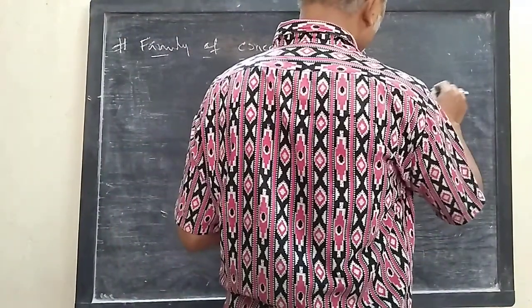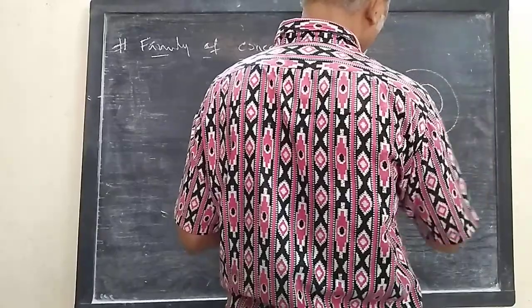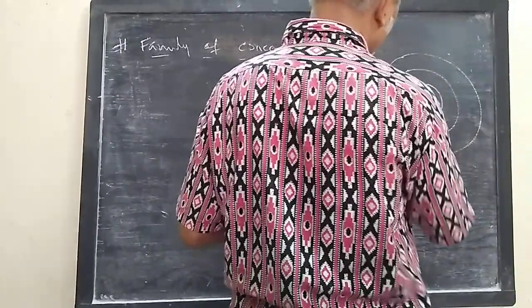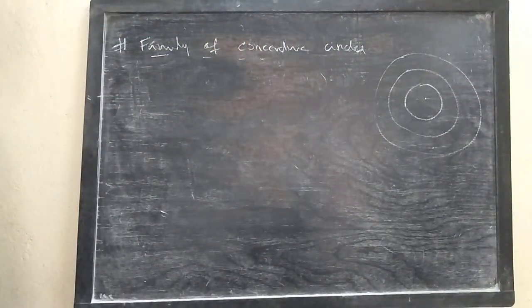You know what are concentric circles? That is a set of circles having the same center. These are a family of concentric circles.